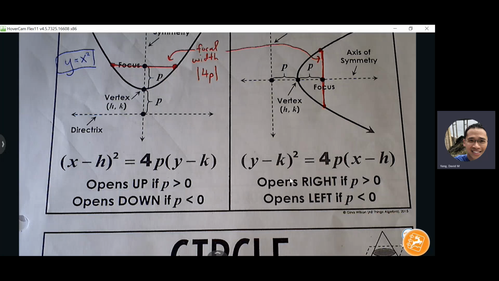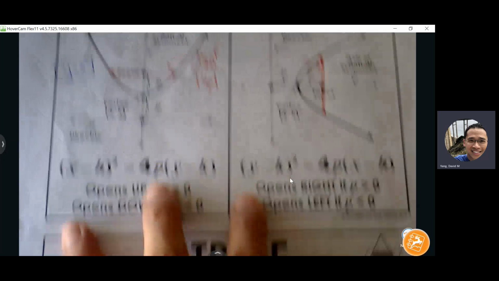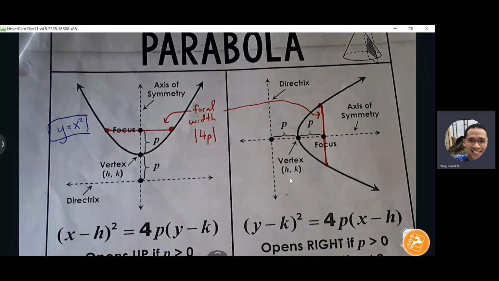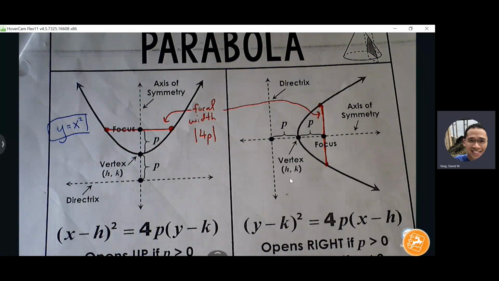As soon as I know which orientation my parabola is opening, I'm going to do a quick sketch so I know where my vertex is in relation to the focus. Is the focus above? Is it below? Is it to the left? To the right? If I have a sketch in front of me, I can gather information to fill in from that sketch.